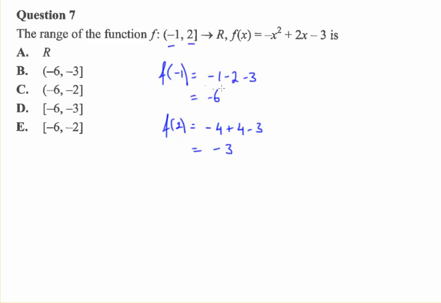So you might think that the answer is from -6 to -3. And let's see, we don't include -1, so we don't include -6. But we include -3. You might think that's the answer, and you can bet that VCAA are going to provide that answer for people who make that mistake.